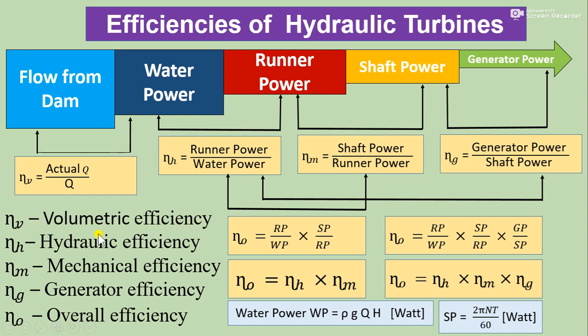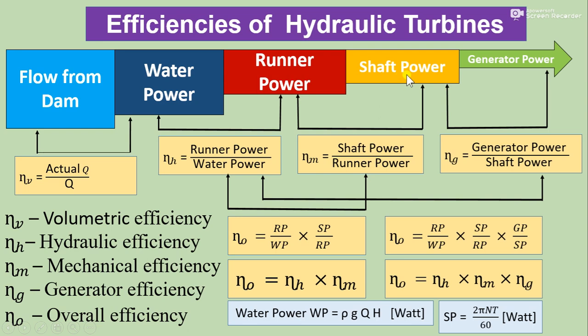Volumetric efficiency, hydraulic efficiency, mechanical efficiency, generator efficiency and overall efficiency. Let us see one by one. Volumetric efficiency is ratio of actual discharge from the dam to the theoretical discharge to the turbine. Hydraulic efficiency is a ratio of runner power to water power.